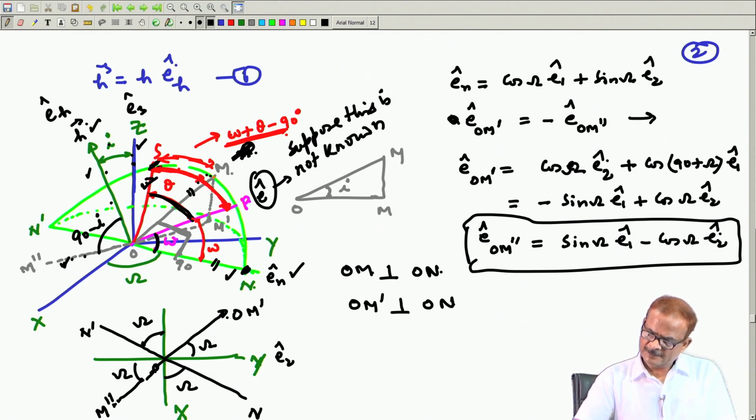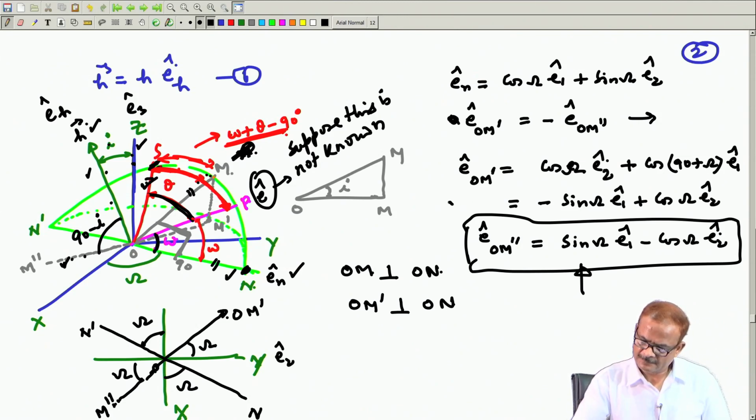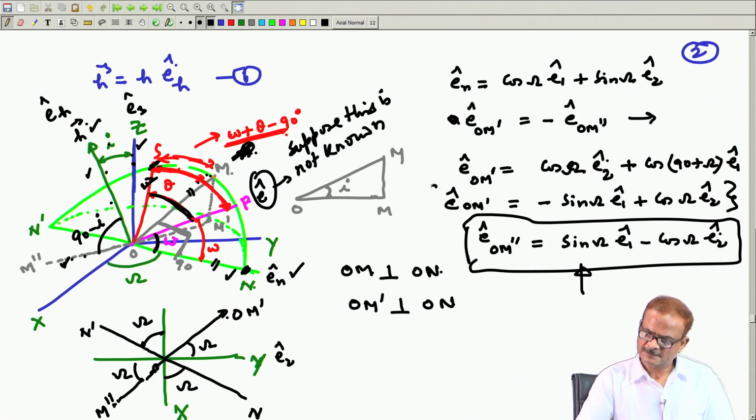E_OM double prime we already have here, and E_OM prime is also available to us in this place. So, we use E_OM prime as minus sin capital omega E1 cap plus cos capital omega E2 cap.